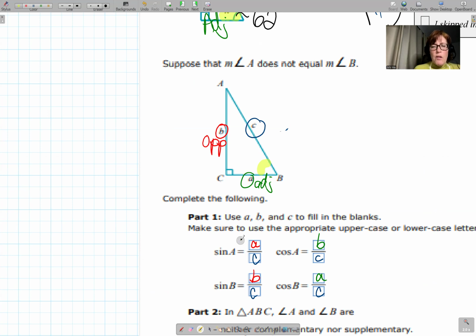The sine of A is A over C, and the cosine of B is A over C. The sine of B is B over C, and the cosine of A is B over C.